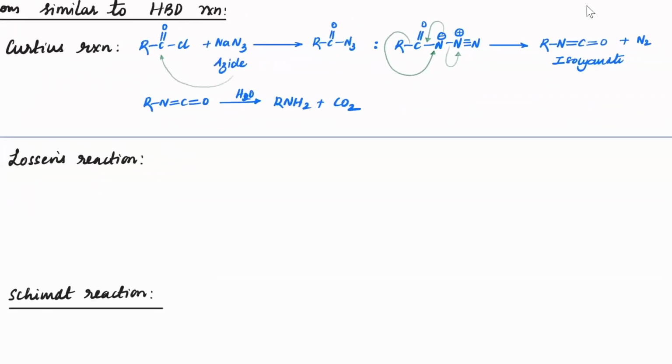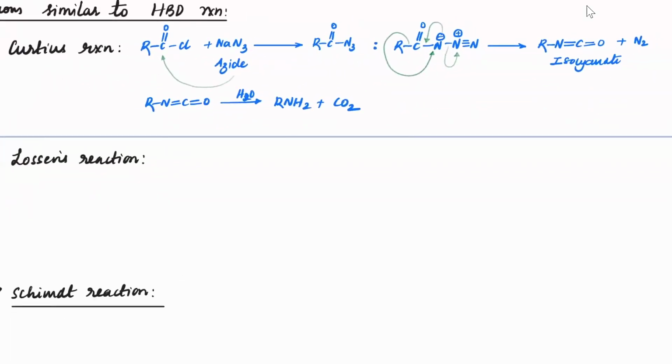Another very similar reaction is known as the Lossen reaction. Here the reaction is RC double bond O NHOH. Okay, so this is an amide, so this is a hydroxamic acid.